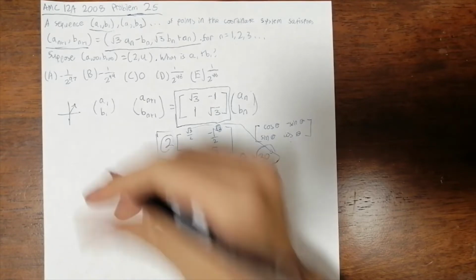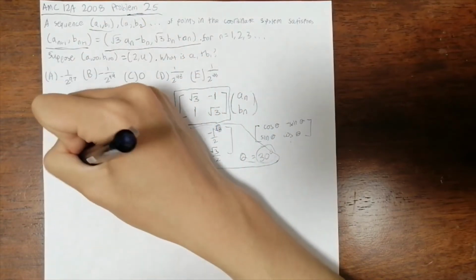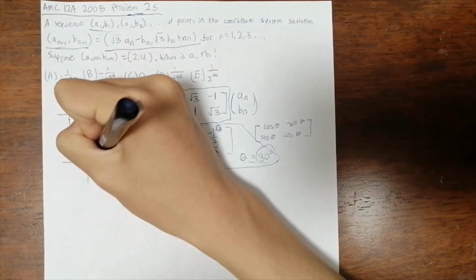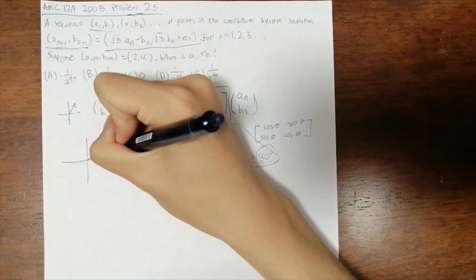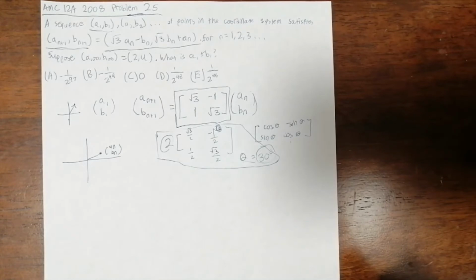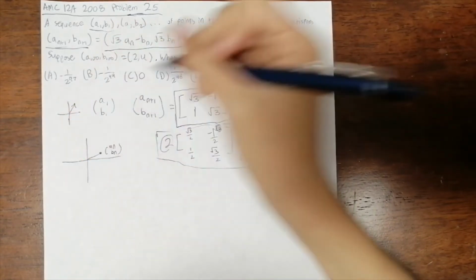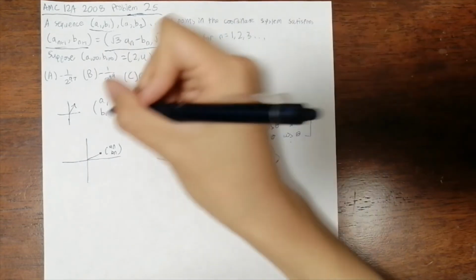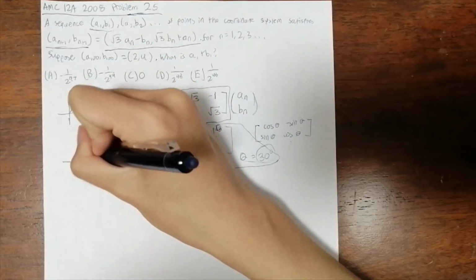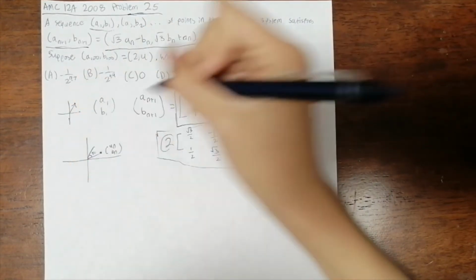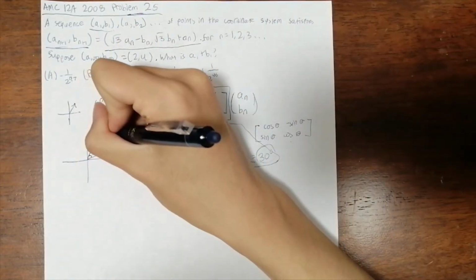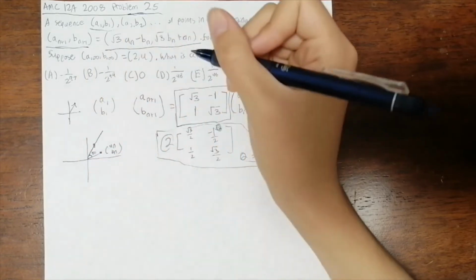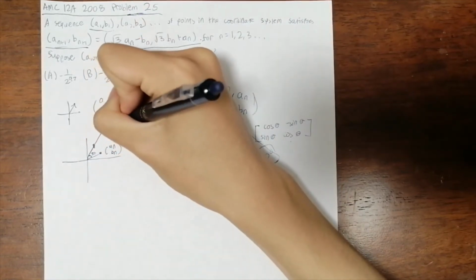Graphically, let's say we have a vector here, and let's say this is (a_n, b_n). To get to (a_{n+1}, b_{n+1}), first we would rotate it by 30 degrees, so about here, and then we would multiply the magnitude by a factor of 2, and this would give us the next term.